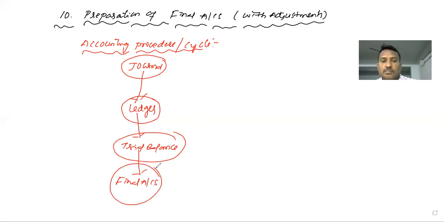We already discussed the trial balance before the final accounts. What is the trial balance? It is a summarized statement of all accounting information, meaning all one year of accounting information is recorded in the trial balance.